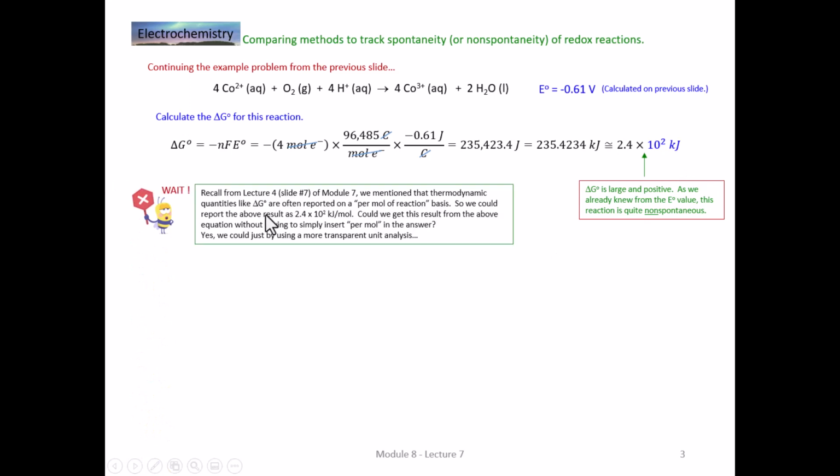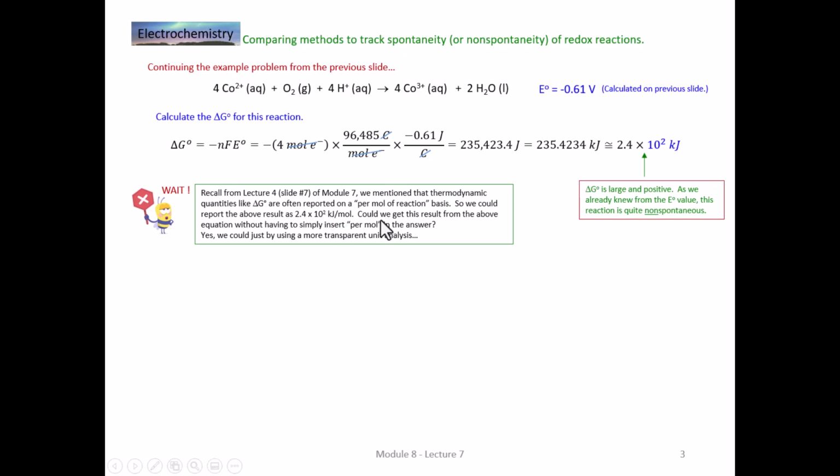Well, let's just hold up a minute here and recall from lecture 4 in module 7, we talked about the fact that thermodynamic quantities like delta G are often reported on a per mole of reaction basis. So we could report this result here as 2.4 times 10 to the second kilojoules per mole.